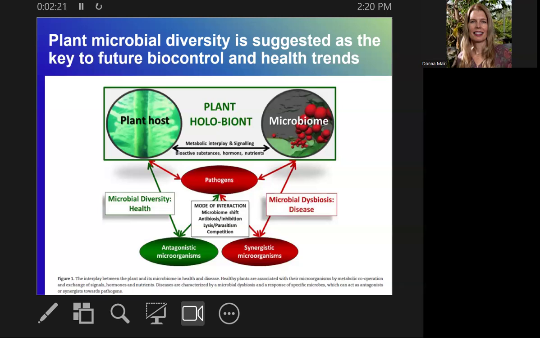So this is the idea, again, going back to the holobiont idea, where you cannot ignore the microbes that coexist with the plants, whether they're the microbes inside the plant as endophytes, or on the roots, or in the soil right next to the roots, on the leaves, and so on. So this is a figure taken from a paper that is looking at this idea and how we can use the microbiome to help the plant.